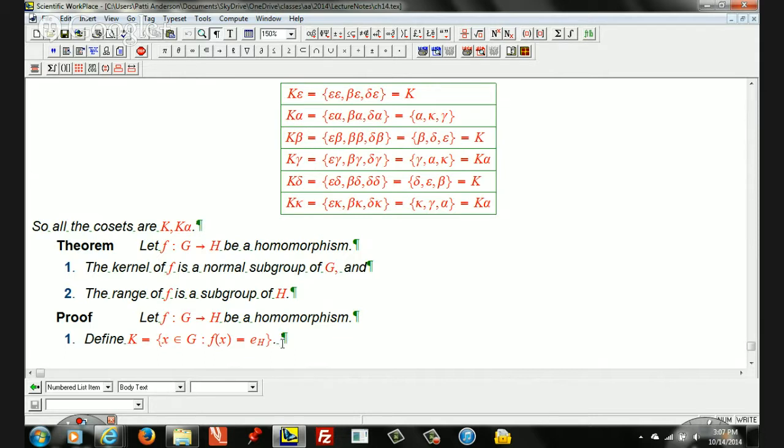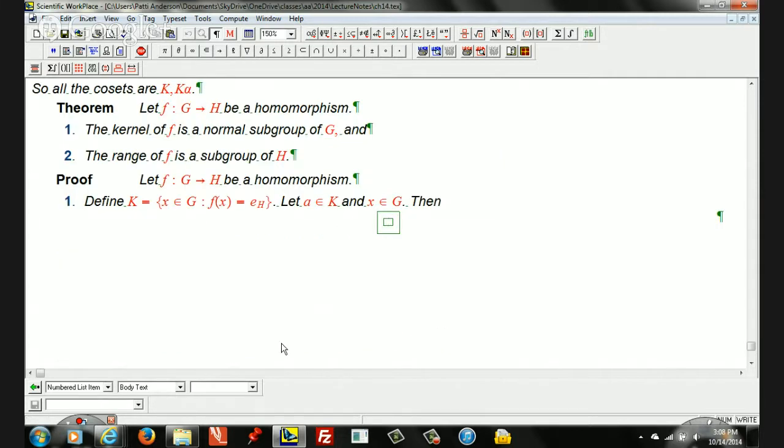Remember, for a normal subgroup, you have to do X, A, X inverse, where A is in K. So we're going to let A be in the kernel and X in G. Now we just have to look at X, A, X inverse, and we want to show that that is an element of K. Okay, that shows the normal part.